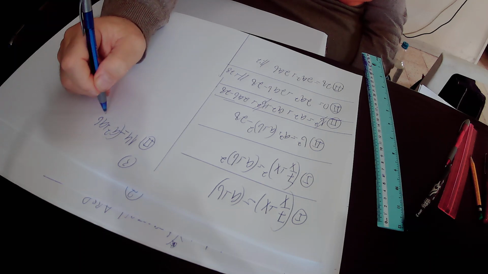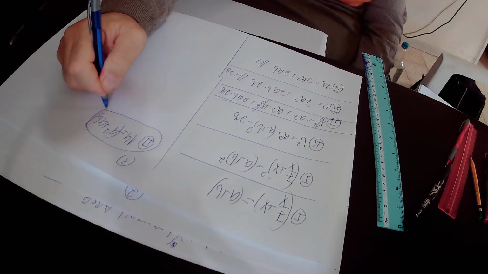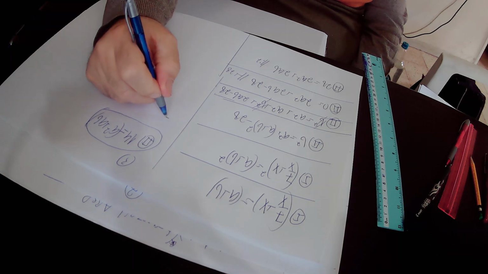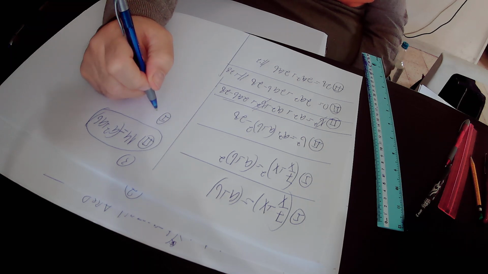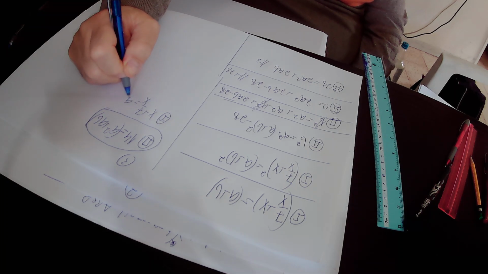So in conclusion, according to equation 2, we should find out that a squared plus ab equals 14. This is according to equation 2, while according to equation 1, we have only found out that x plus 7 over x equals a plus b.